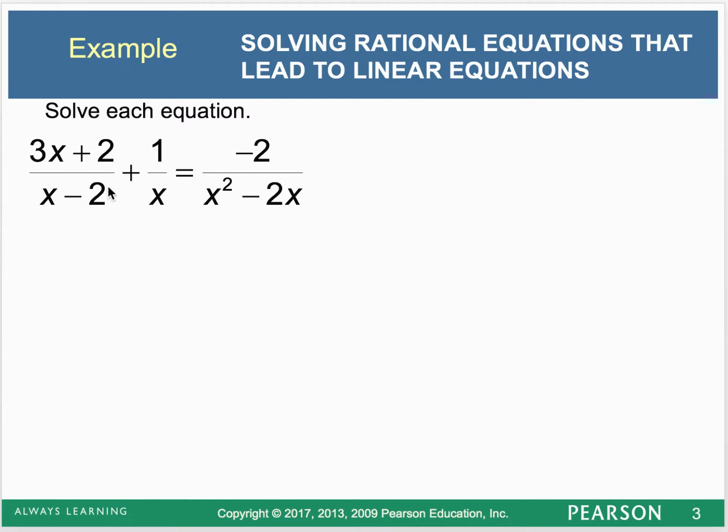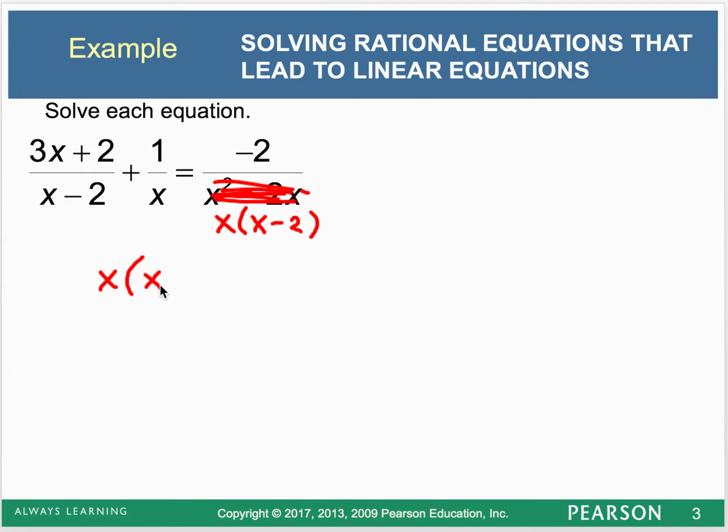To do that, I need every denominator to be factored. That's factored. This one I can factor out an x, and it leaves x minus 2. Once everything is factored, I take any factors that they have in common. These two denominators both have an x, and these two both have an x minus 2.